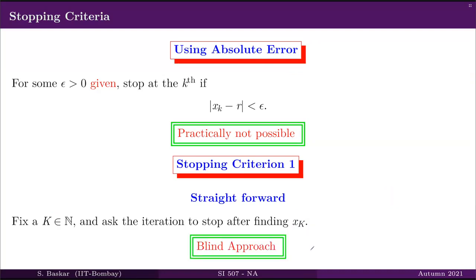Because even though k is very large, there is no guarantee that you are pretty close to your root, right? Or it may happen that the convergence happens, say, in the 5th or 6th iteration itself, and then unnecessarily you will be computing the iterations up to k equal to 100. It may look easy for us to implement this idea as a stopping criteria in our computer code, but it is not convincing at all.